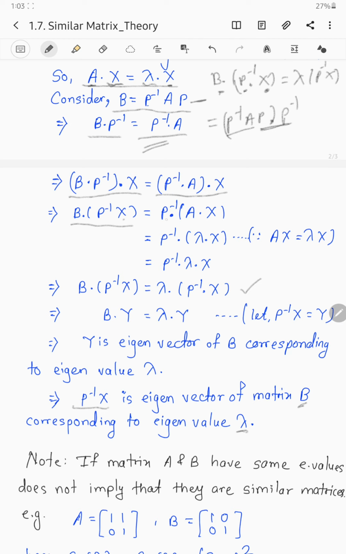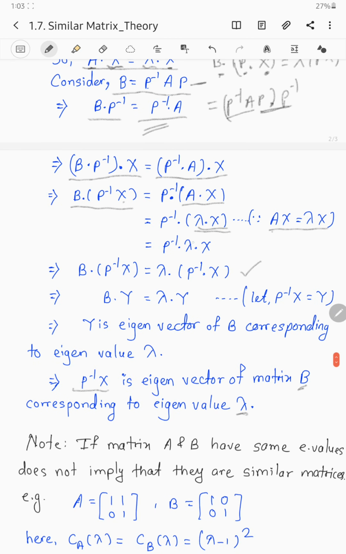Now I write P inverse as one matrix and A into x as another. But I know that Ax is lambda x, because for the given matrix A, x is an eigenvector with respect to eigenvalue lambda. So I replace Ax with lambda x, and I get P inverse into lambda into x. As lambda is a scalar value, I can take it common and put it out, so lambda into P inverse of x.